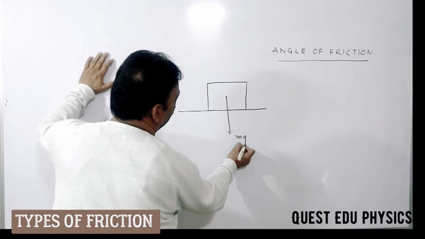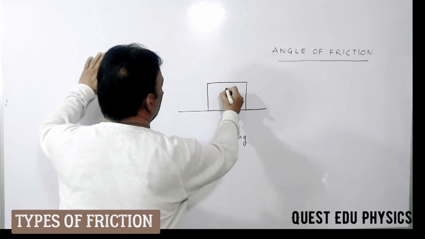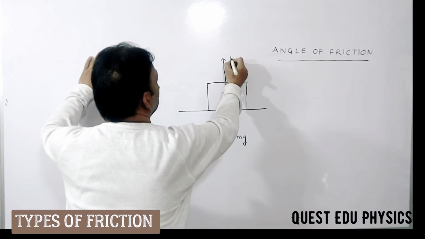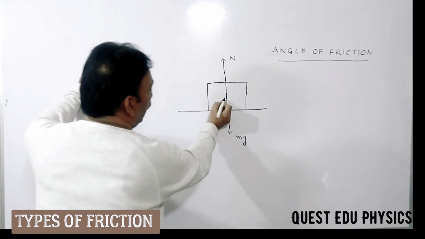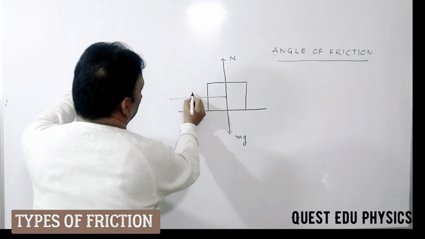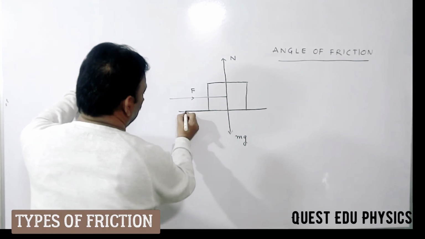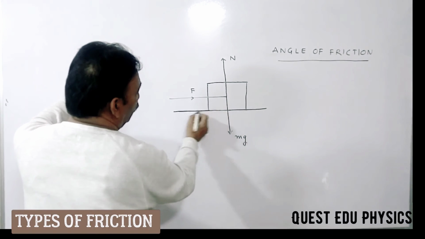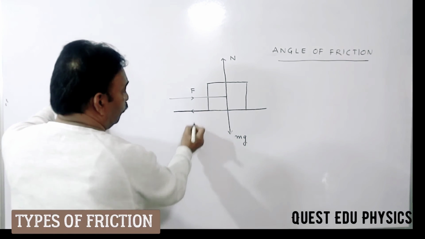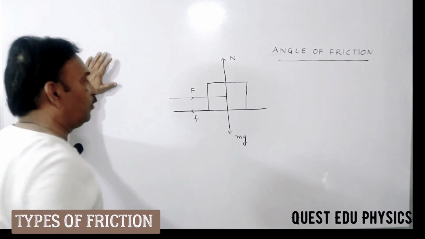Let's say it is the weight, and obviously there is a normal reaction, and we are applying a force. It is the applied force. And the frictional force acts along the point of contact. Say it is the frictional force.